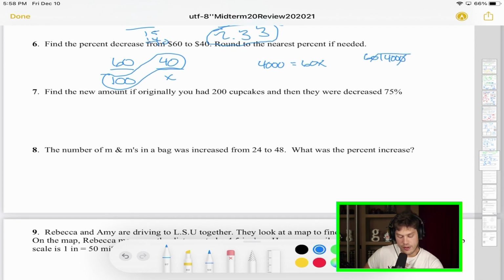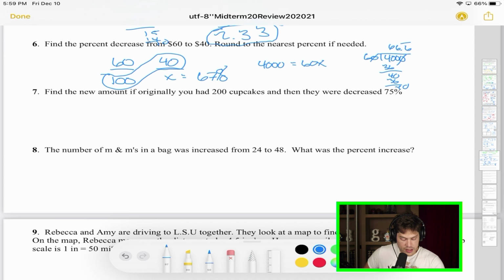We can cancel one of these zeros. 6 goes into 40 6 times. 36. 4, bring down your 0. 6 times. And you can see that this will repeat forever. So 66.6 repeating. Round to the nearest percent if needed. So 66.6 to the nearest percent, that would be 67%.